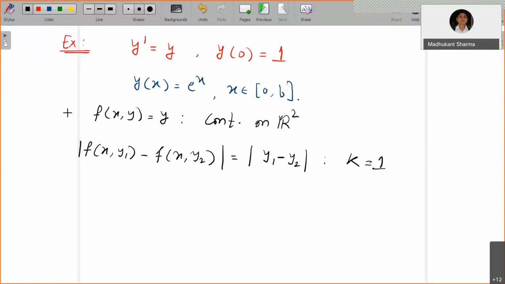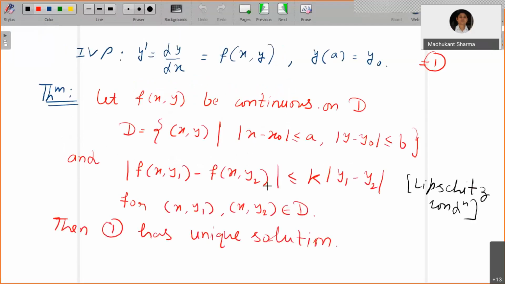So both conditions of the above result are true, and the above result gives the guarantee that this has a unique solution. So without looking at what the solution is, you can easily guarantee that there exists a unique solution.